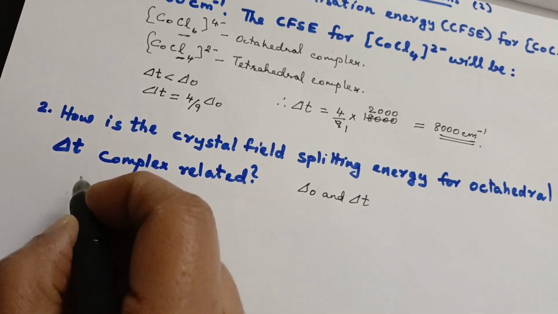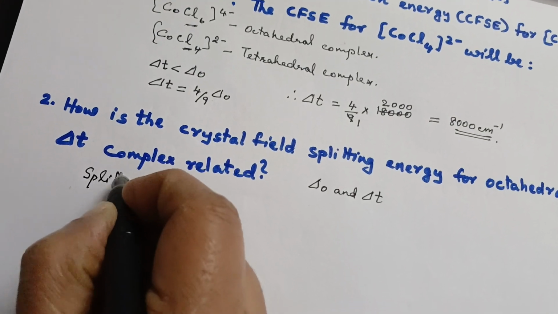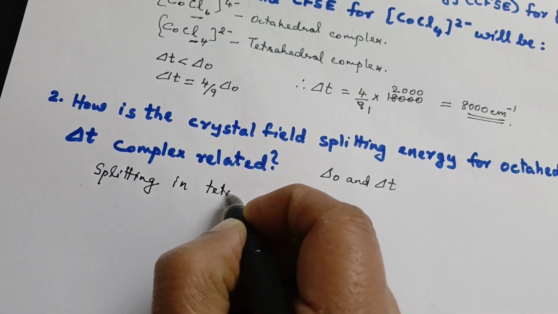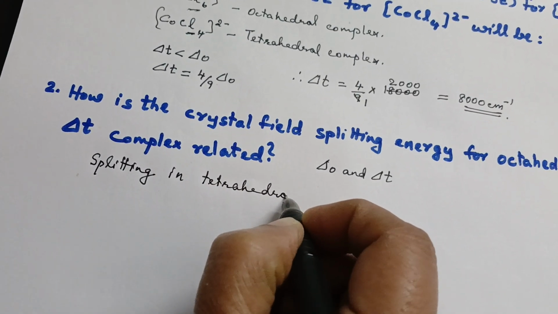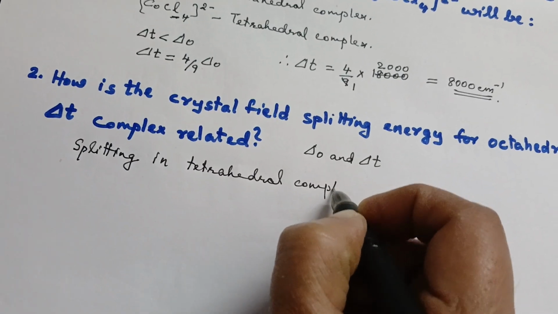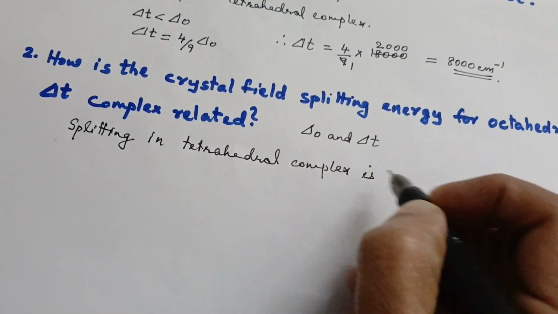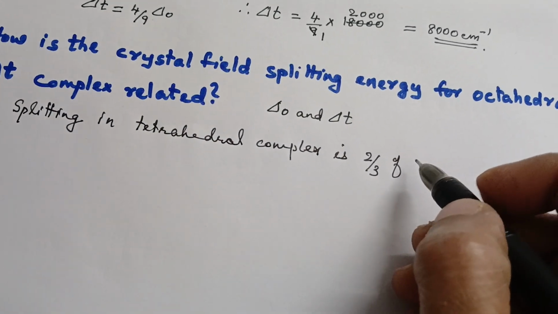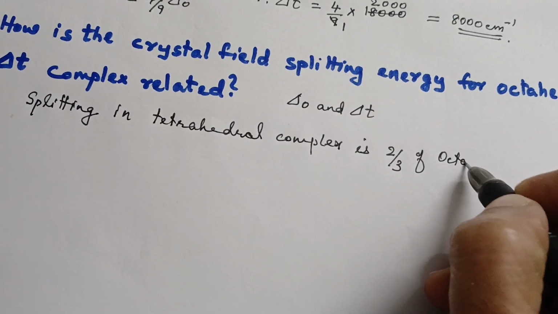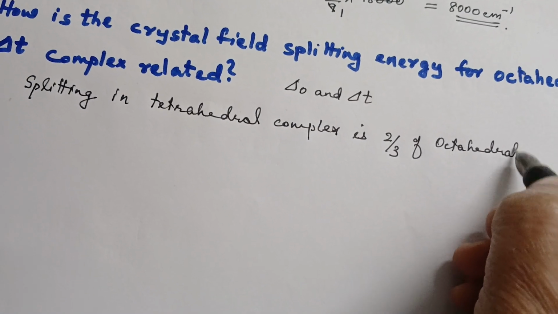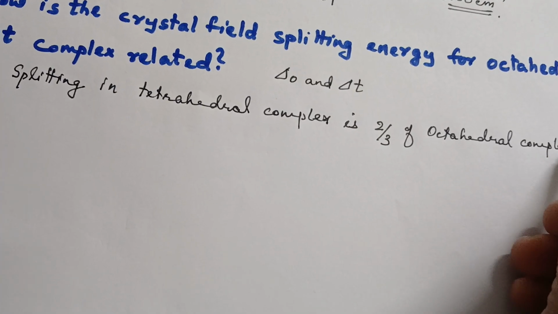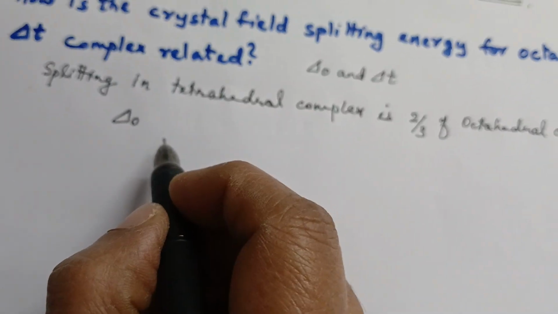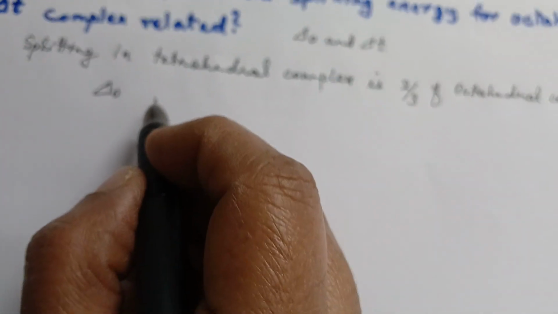We know that splitting in tetrahedral complex is 2 by 3 of that of the octahedral complex. Let us take delta O as the splitting energy of an octahedral complex.